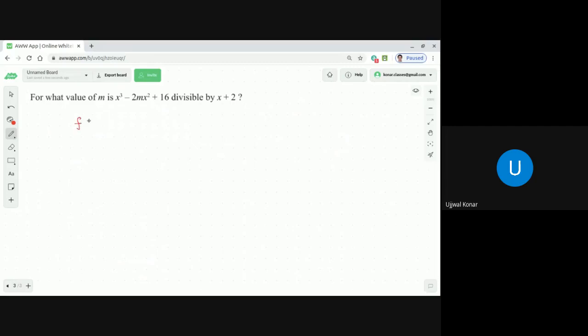Suppose f(x) is equal to x cube minus 2m into x square plus 16. Now, if this polynomial f(x) is divisible by x plus 2, then what we can say from the factor theorem? f of minus 2 should be equal to 0, na?